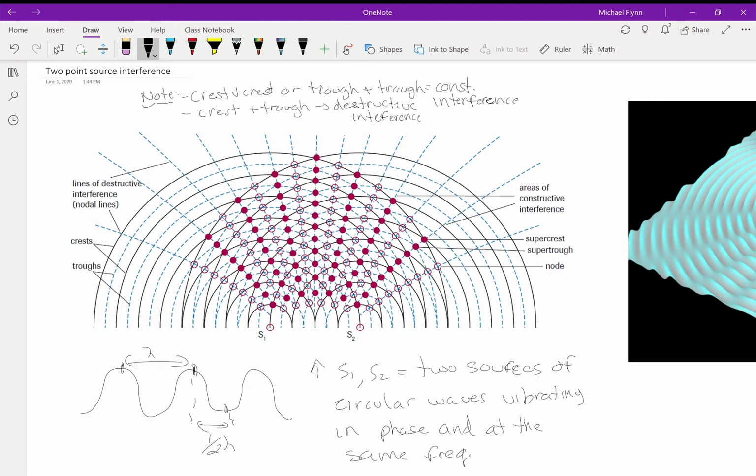So they're both producing waves that have the same wavelength, the same period, the same frequency, and even the same size. And they're vibrating in phase.